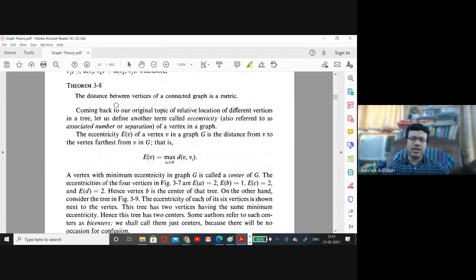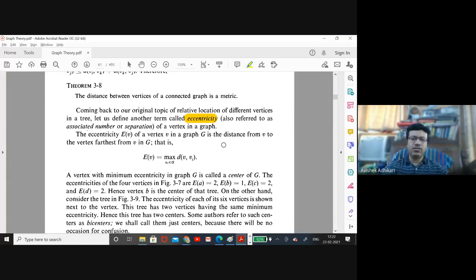So it says that the distance between vertices of a connected graph is a metric, and that is not very difficult. There are also some very important terms, that is eccentricity. That's very important in terms of social relations, to measure the relation between one person and another person in social media by using this term eccentricity.